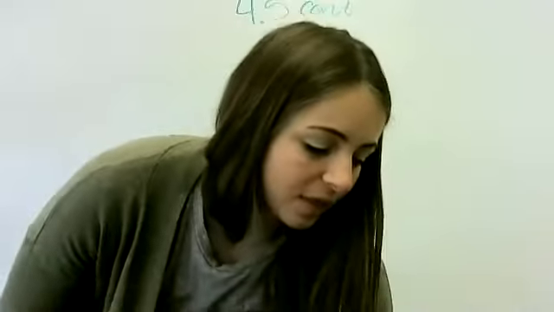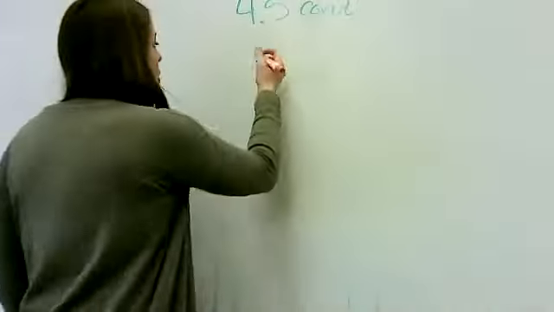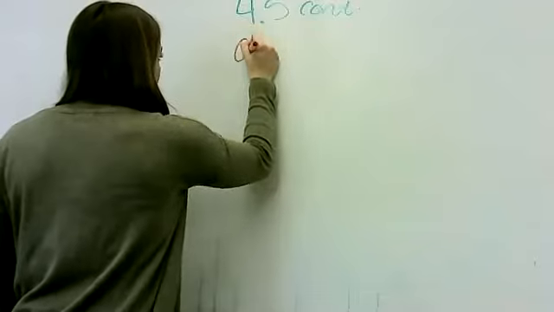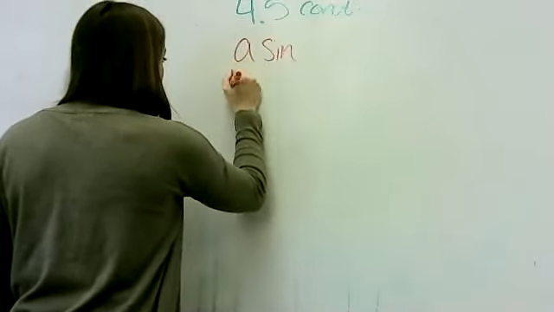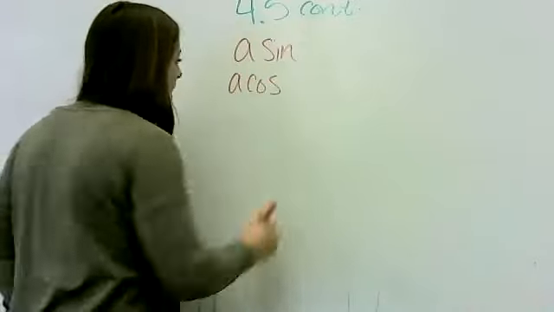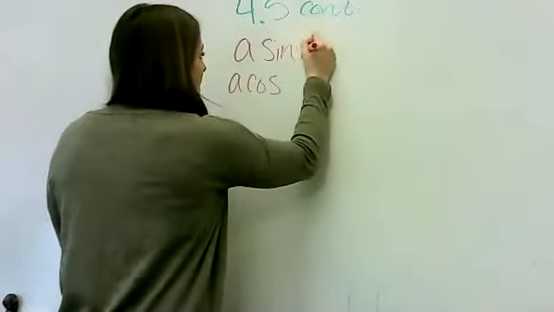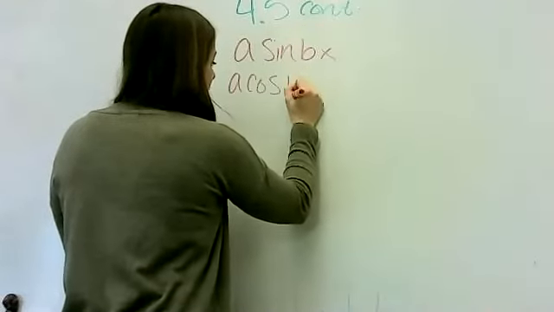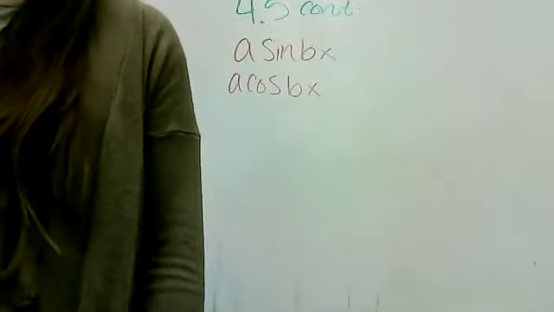So the second thing that we add in is a b value. So we've currently said we either have a sine of x or a cosine of x. The one variable I'm going to add in now is a b value, and that b comes directly after the trig function before that x variable.